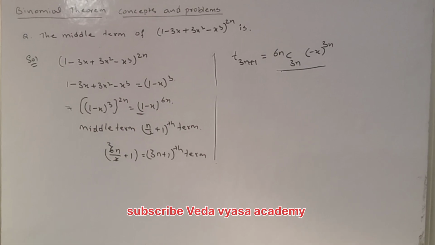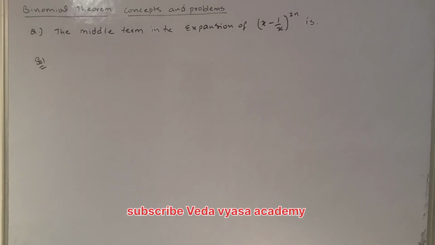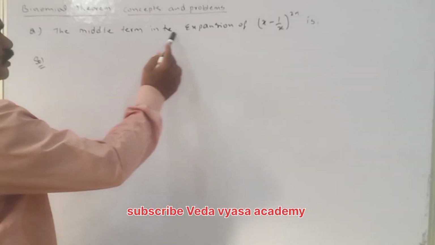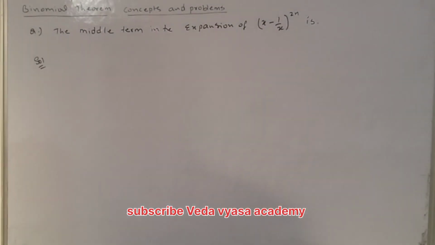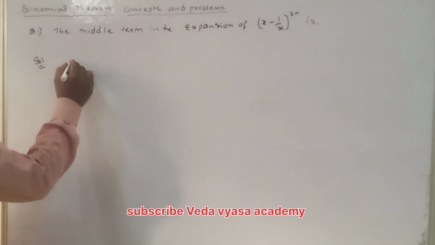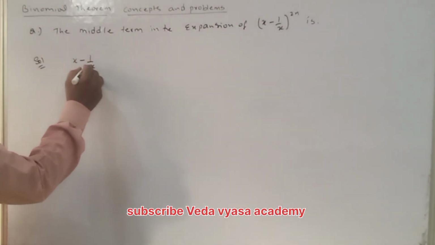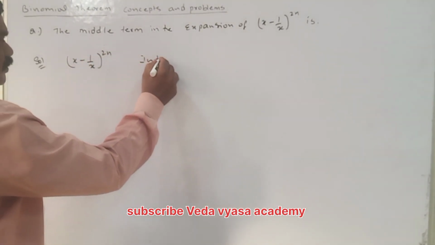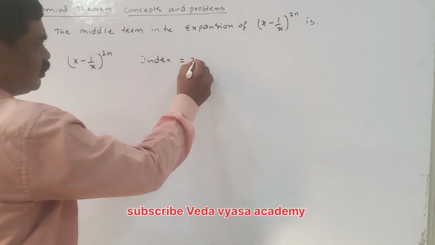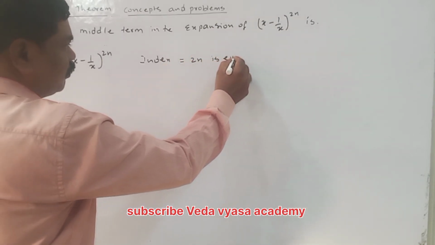Okay, all of you. Here we have one more problem on the binomial theorem: the middle term in the expansion of (x - 1/x)^2n. Here what is the binomial given? (x - 1/x)^2n. The index 2n is an even number.